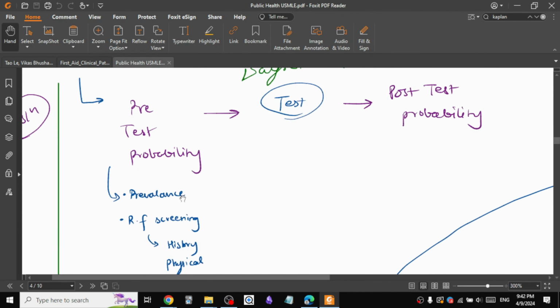For example, let's say in a community there is H1N1 or something that's spreading, so the pre-test probability is high. A person just comes in for a health checkup and I've already calculated my pre-test probability for this person. After some testing, I see that the post-test probability has decreased.